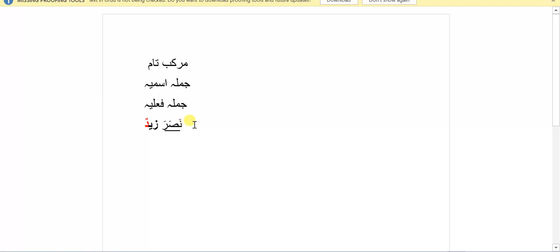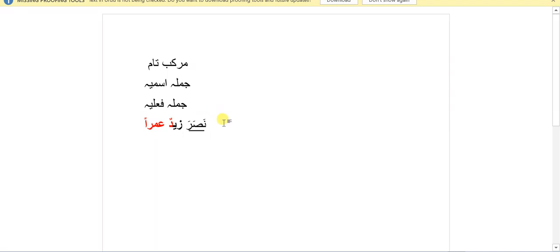So jumla fa'liya is a sentence which starts from a fail, and it is made of a minimum of two words. One is the fail and another one is the fa'il. We can also add a maf'ul here, but maf'ul is additional.